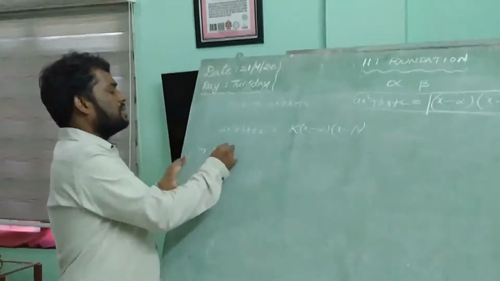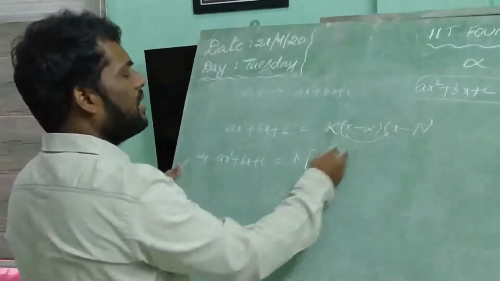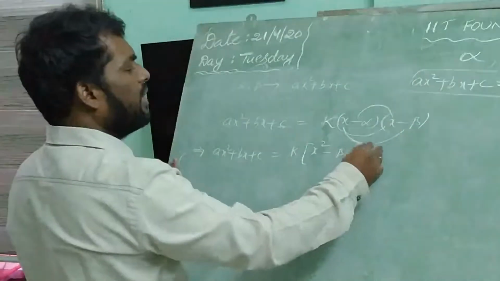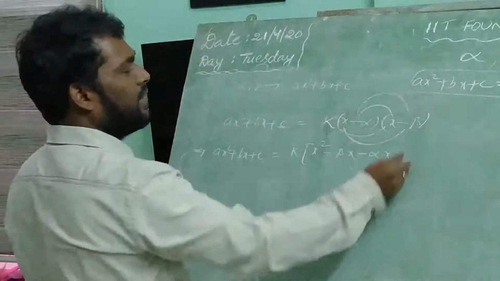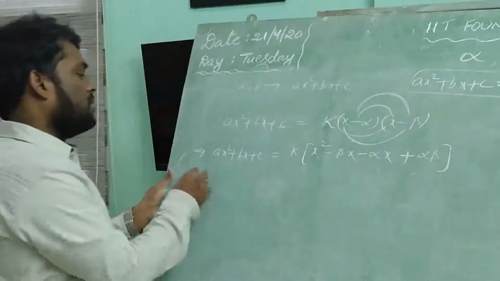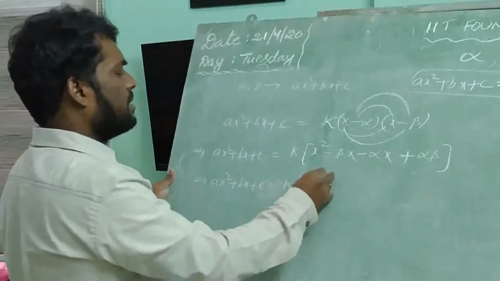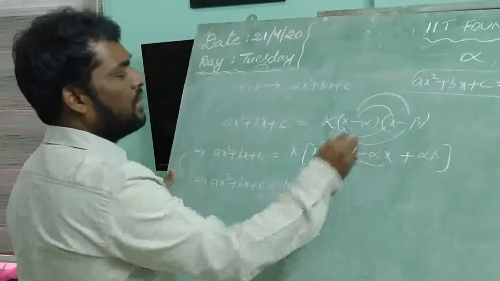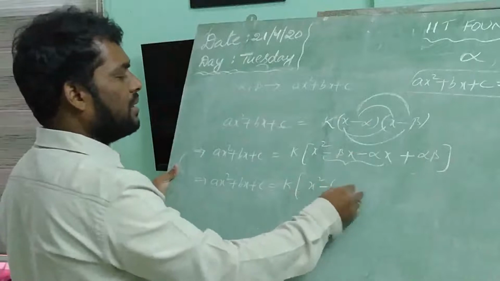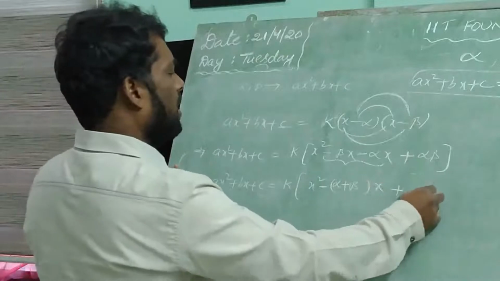So ax square plus bx plus c is equal to k into, now multiply these two. x into x, x square; x into minus beta, minus beta x; minus alpha into x, minus alpha x; minus alpha into minus beta, plus alpha beta. So ax square plus bx plus c is equal to k into x square, and in these two we can take minus x as common, then you get alpha plus beta, plus alpha beta.